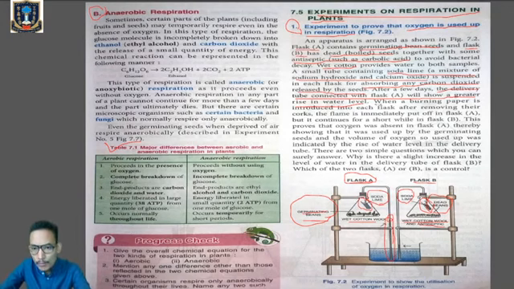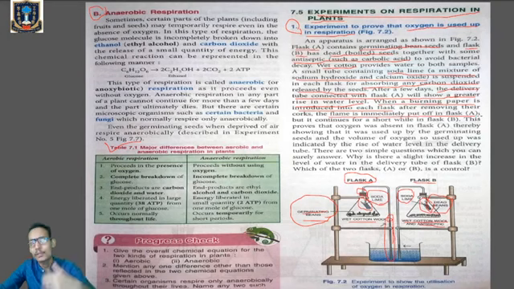Now, when a burning paper is introduced into each flask, after removing the cork, this one is the cork. When we remove the cork and introduce the burning paper in both flasks, flask A and flask B, the burning paper in flask A will be immediately put off.